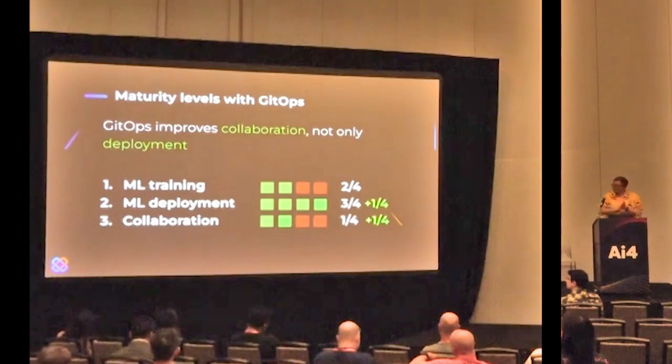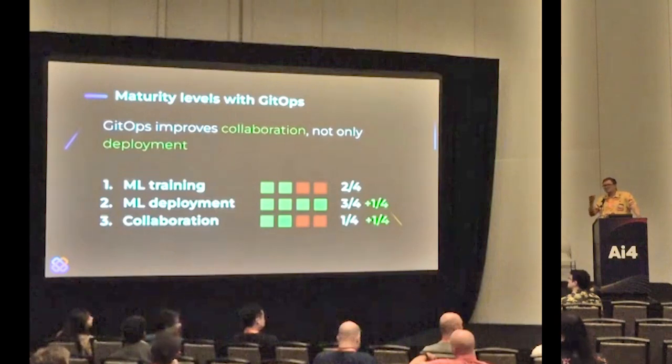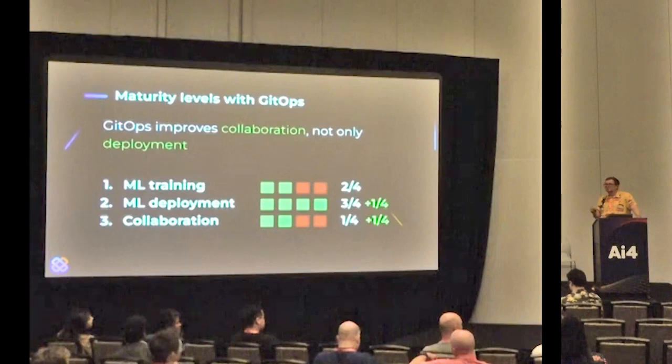So the side effect of using GitOps as a model registry is very interesting, because by putting all the information into Git, it forces you not just to manage your models properly, but also to collaborate on your source code properly, right?